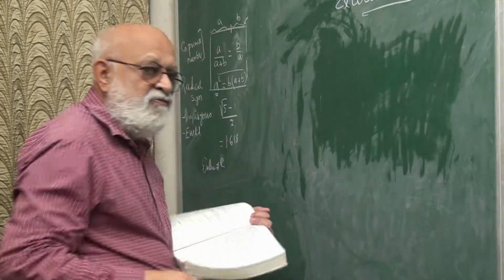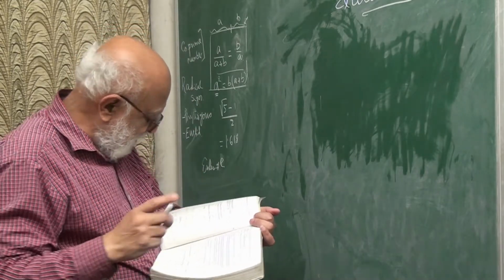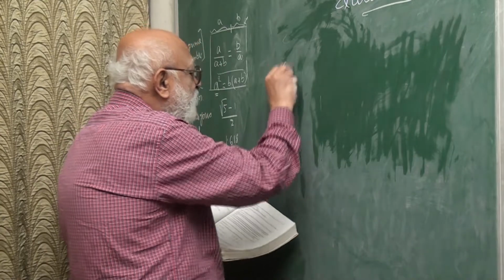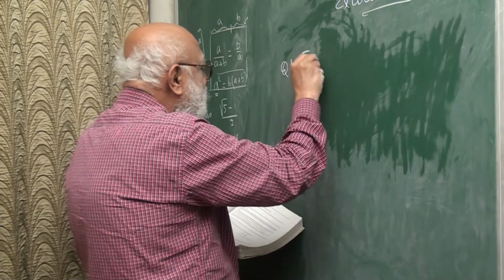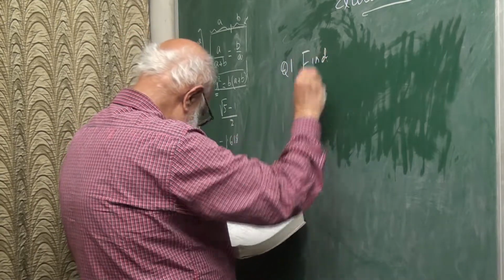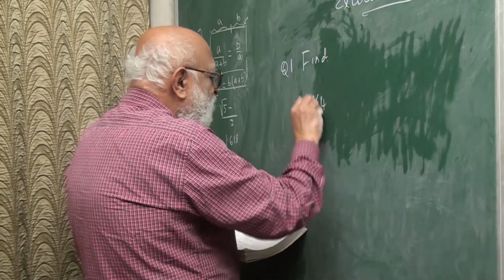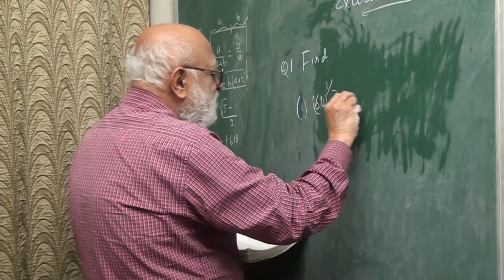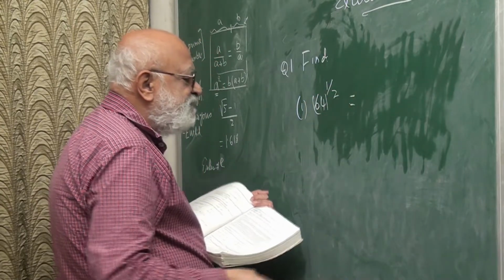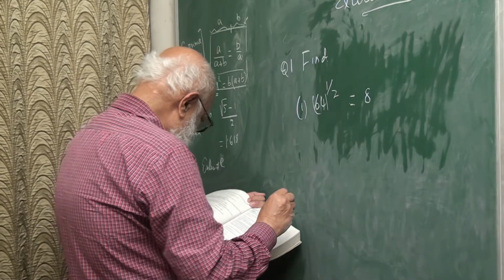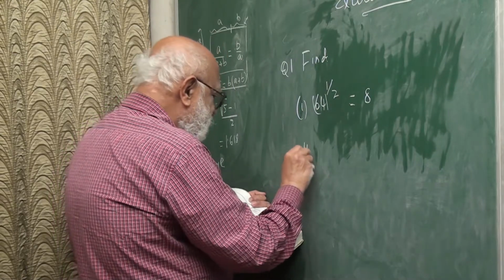Okay, definitely we are following the same textbook so that there is no confusion. So it says question number 1, it says find, and it gives you 3 numbers. One is 64 to the power 1/2, that is practically root of 64, that is equal to 8. You don't have to worry about that.